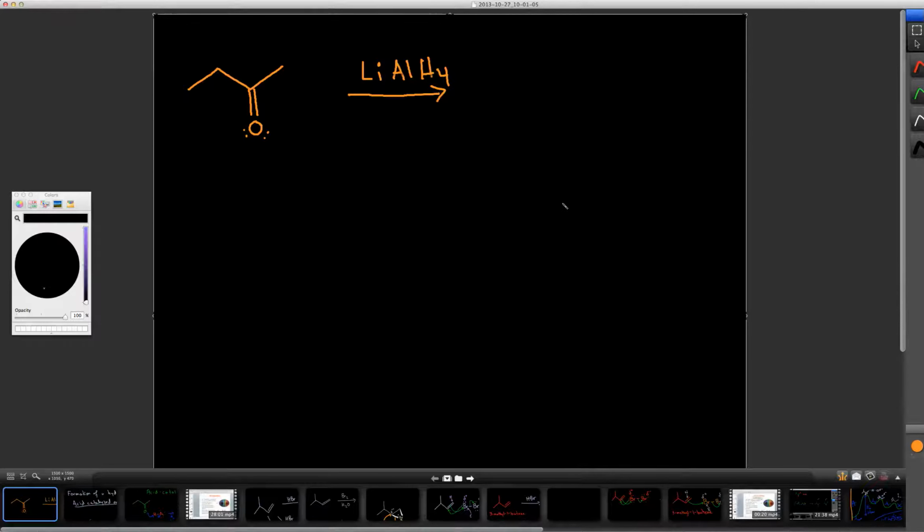Normally aluminum makes 3 bonds when it's neutral. Lithium aluminum hydride has a tetrahedral geometry, and this aluminum has an integer minus charge.